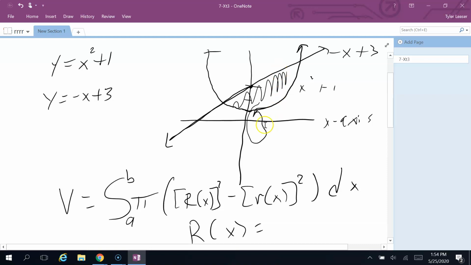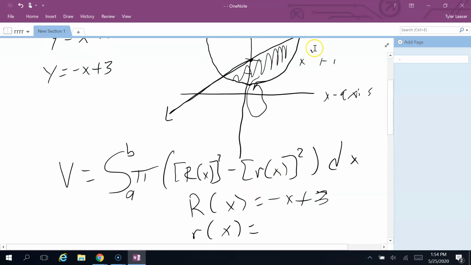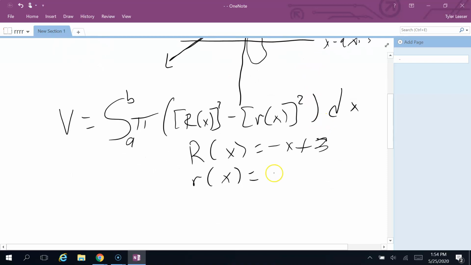The distance from the axis of rotation to the top part, the furthest value away, is going to be this negative x plus 3. So that's going to go here for my outside radius. The inside radius is going to be the shortest radius, which is going to be from the x-axis to the parabola x squared plus 1. So x squared plus 1 goes here.